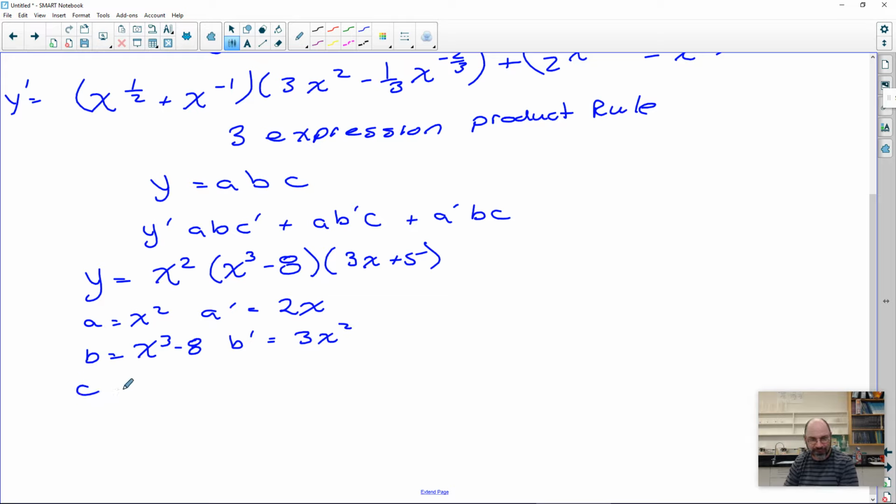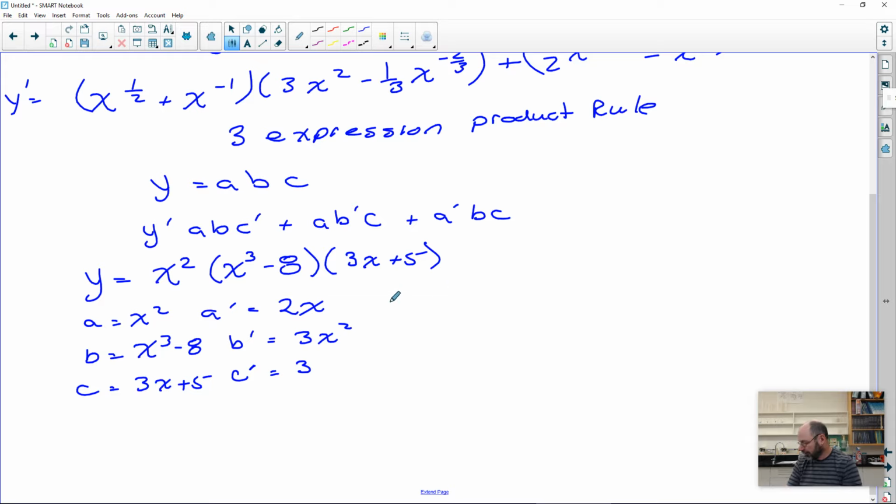And c equals 3x plus 5, so c prime, that would be 3 for the derivative. So it would just be a 3, because there's no x with the 5, that would be 0.